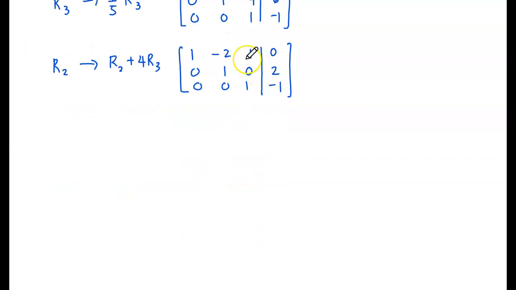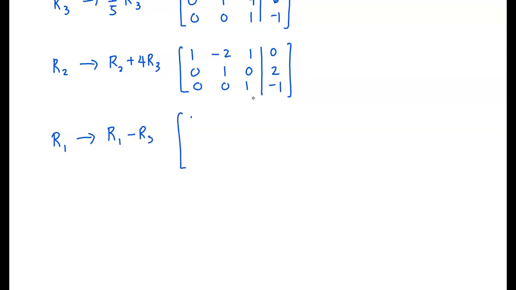Now next is to make this equal to 0. So for this entry to be equal to 0, you will have to replace the first row by the difference of the first row and the third row. So you have R1 minus R3.